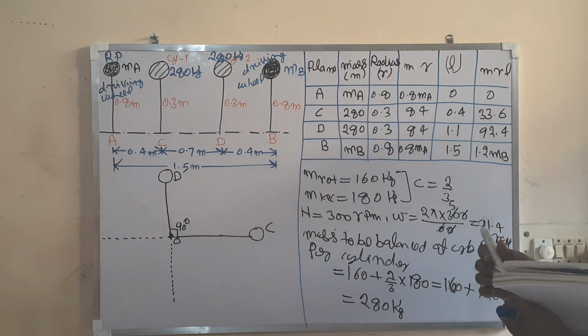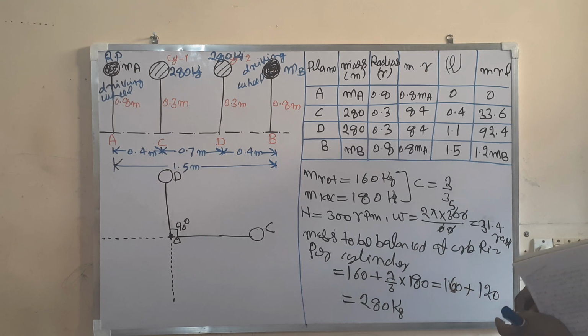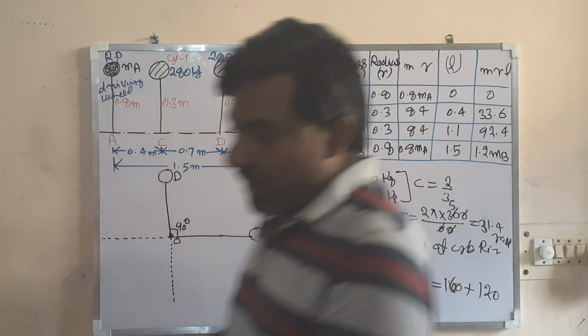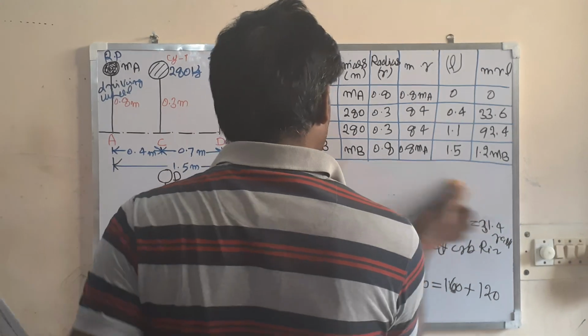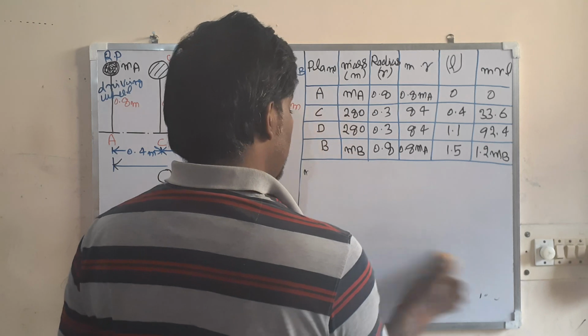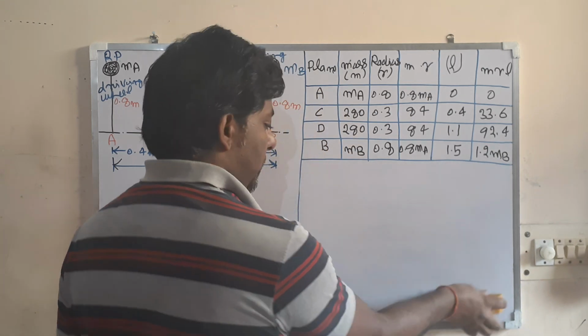Now, what is the next job? The next job is to draw the couple or force polygon to get the magnitude and angular position of balancing masses A and B. So let us start. First, let us decide which should be drawn first.